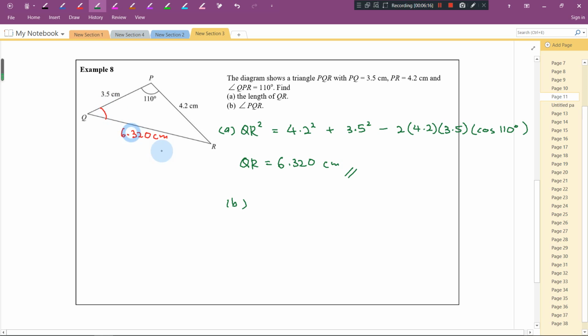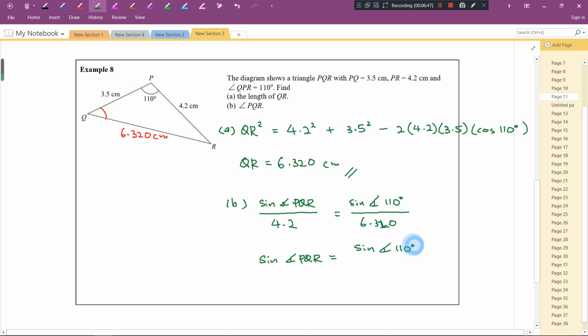If I want to find this angle, I put this angle on the top: sine angle PQR over 4.2 is equal to sine angle 110 over 6.320. So sine PQR is equal to sine 110 over 6.320 times 4.2.